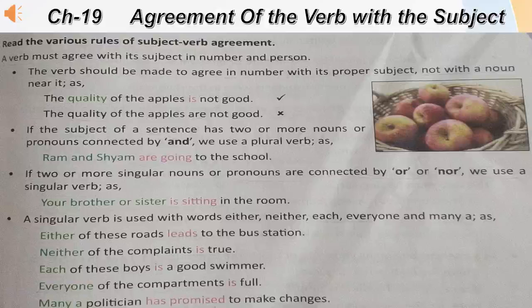When words are joined with either, neither, each, everyone, and many, then we use a singular verb. For example, either of these roads leads to the bus station. Leads is a singular verb because here words are joined with either. Each of these boys is a good swimmer. In this sentence, we have used is, which is a singular verb.